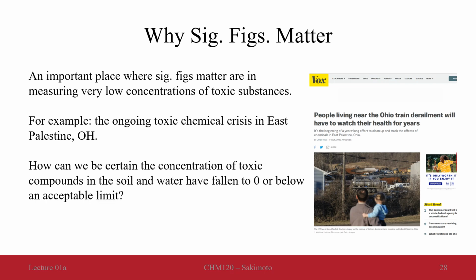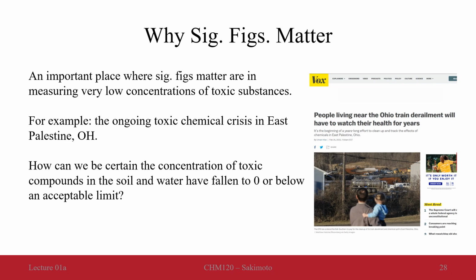Quite naturally, people living in that area, the Environmental Protection Agency, and first responders were very, very concerned with what the concentration of those spilled toxic compounds was, how much of those toxic compounds were in the soil and water. And because they're so toxic, we really need to know not just is it a small amount, because they are still very toxic at low concentrations, but when have they fallen to zero?